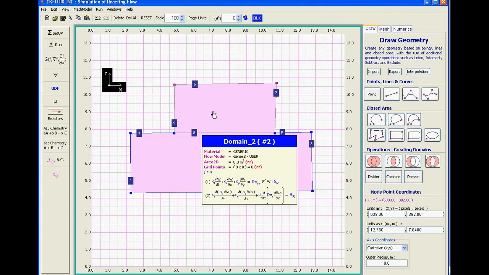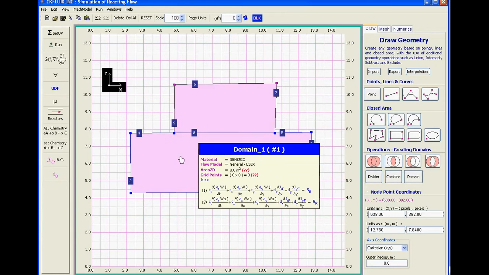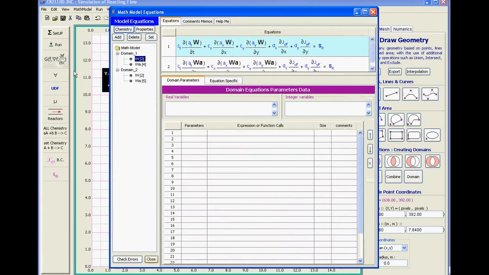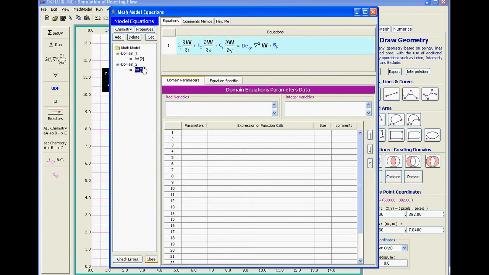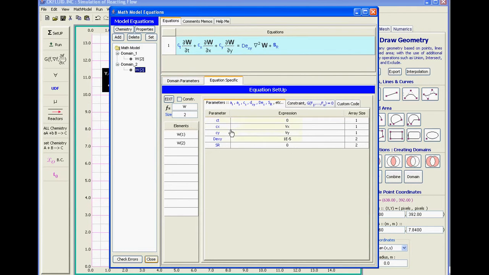So by default, there are some default equations inside. We are going to update them. So here we see two domains, each one with the equations. So we remove the second equation. We're dealing only with one component into the array.